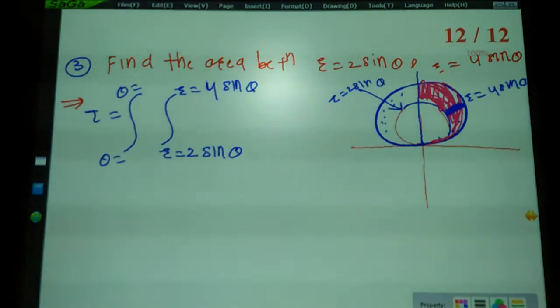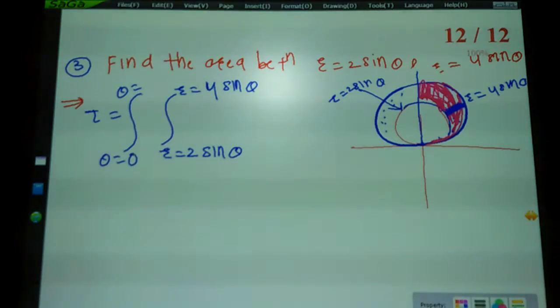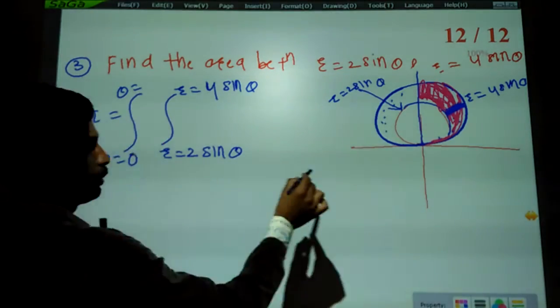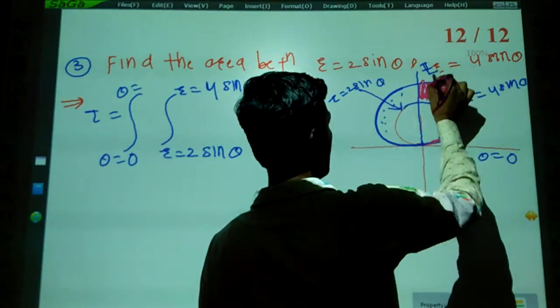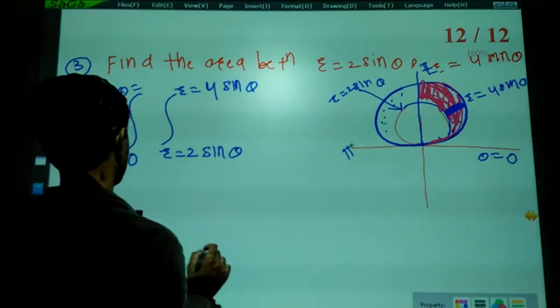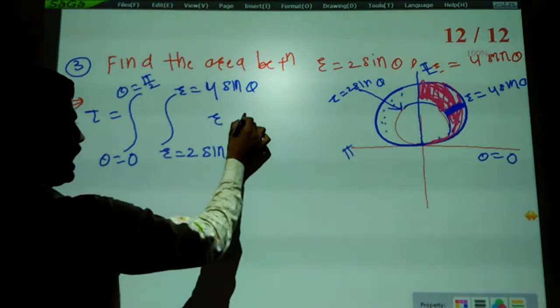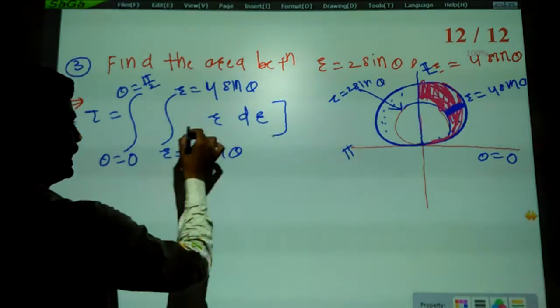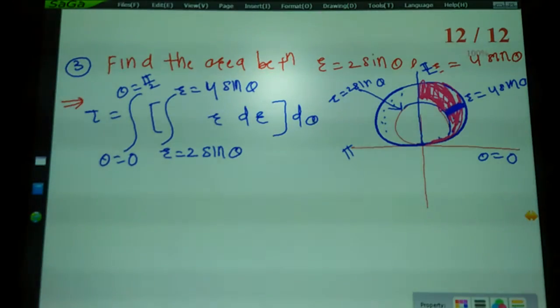This is the radius, and theta is starting from here 0, for the first quadrant this is theta is equal to 0, here theta is equal to pi by 2, theta is equal to pi. So here theta is equal to pi by 2. Here r, dr, and this is the d theta.